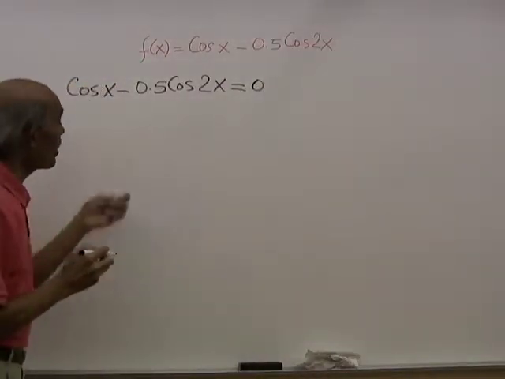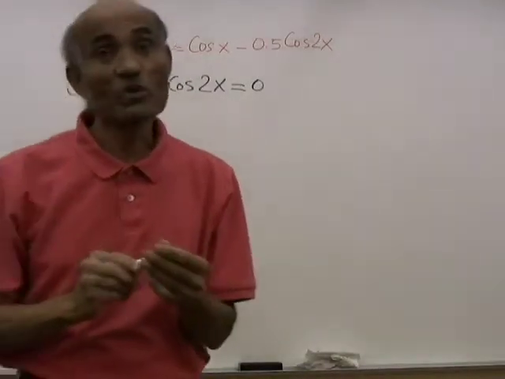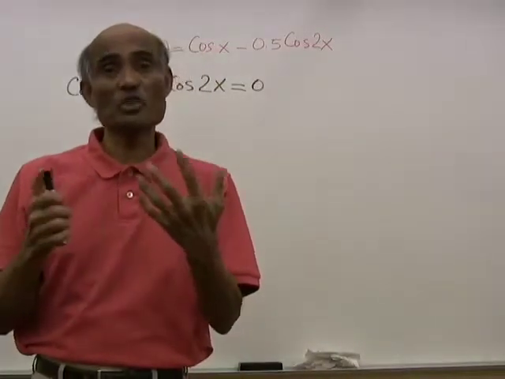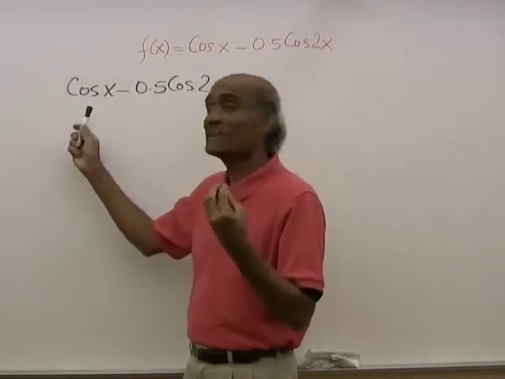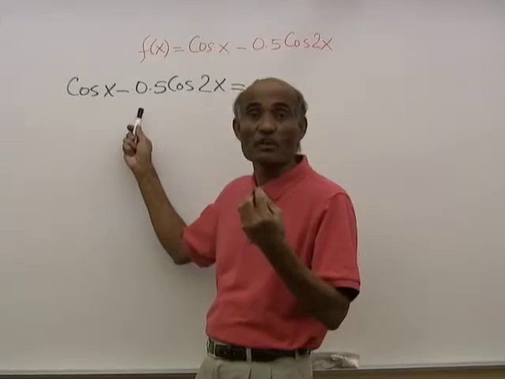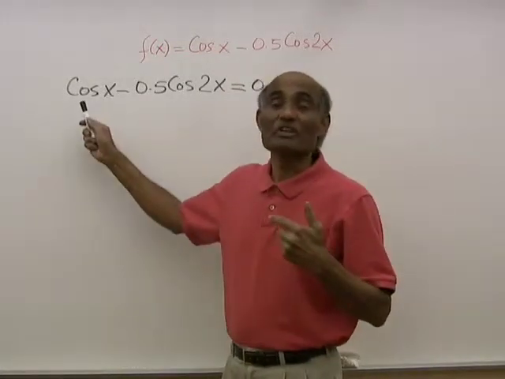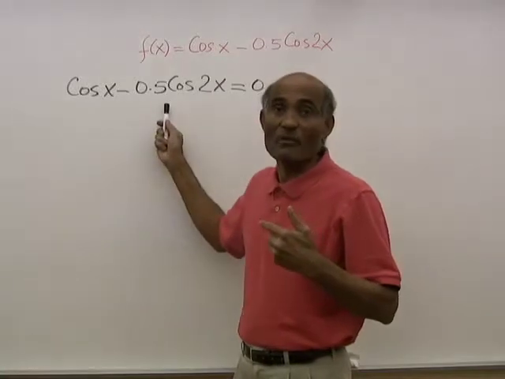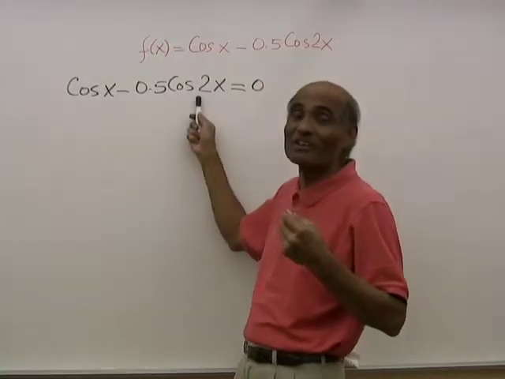Now, how do you solve this equation? I've been telling you in the last two classes that if you want to solve a trig function, then all the trigonometric ratios involved must be the same type of ratio. If it is cos x, then the other one also must be cos x, not cos of 2x.